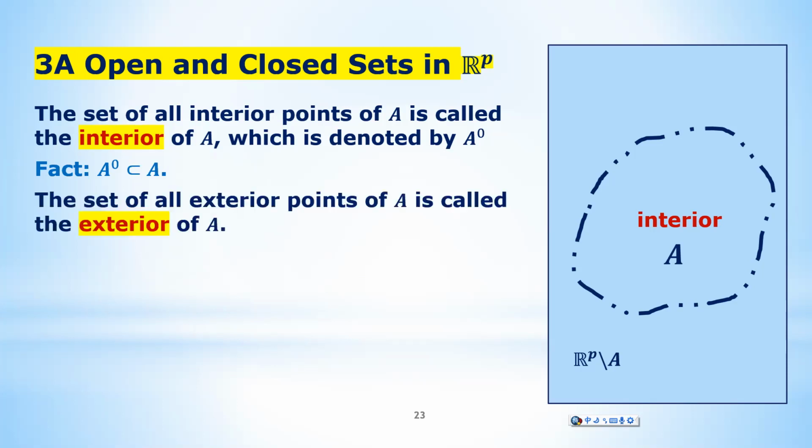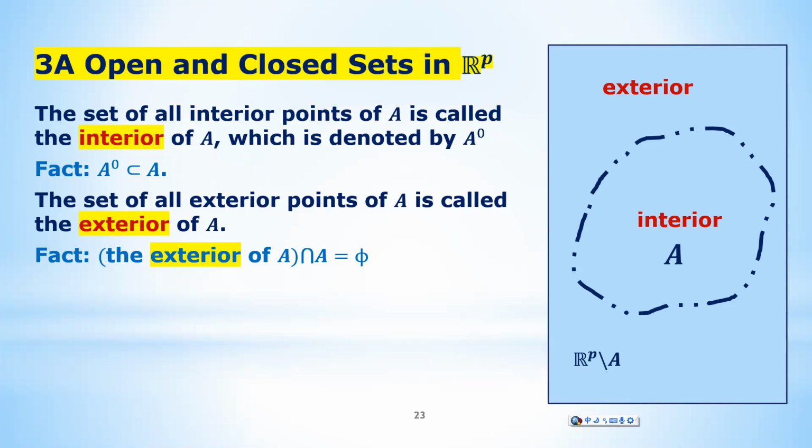Then you can also define the exterior of A. That's the collection of all the exterior points. Unfortunately, we do not have a notation for the exterior like A something, so we just call this the exterior of A. The fact is that the exterior of A intersect with A is the empty set.